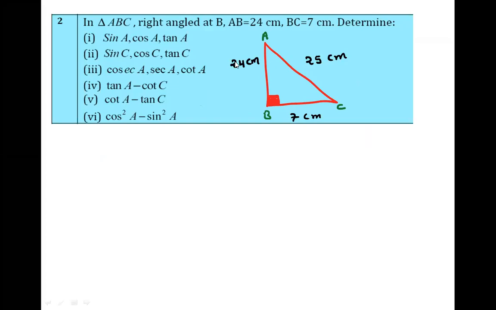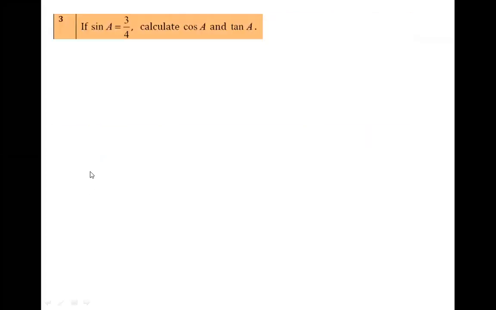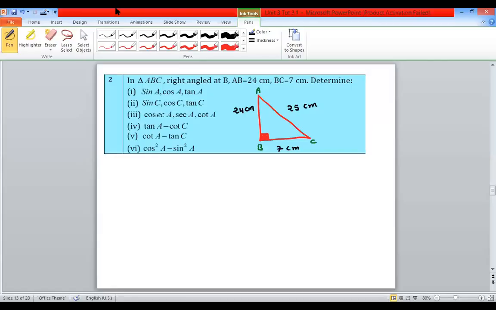Okay, Aryan. It's very beautiful. AC is 25, sin A, cos A, and tan A. All things. The first person, sin A is equal to 24 upon 25.